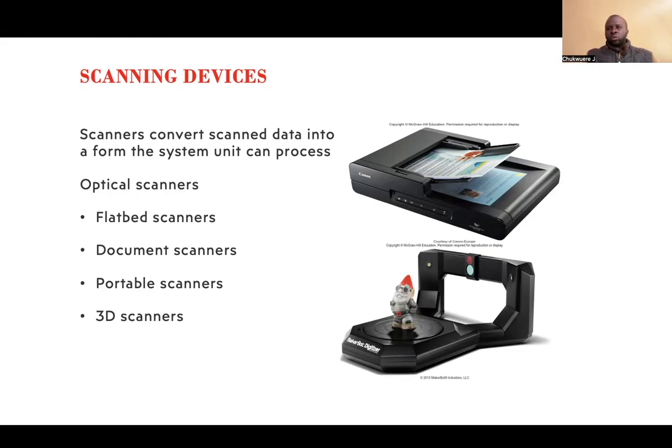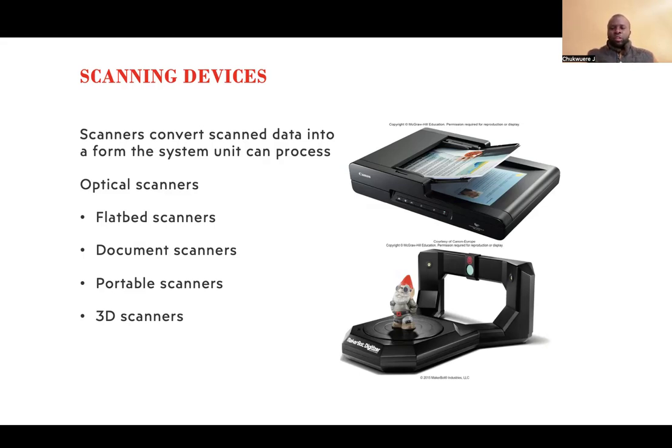Your portable one is one that you can carry. Today there are many portable scanners, and also digital scanners that you can download online and scan through your phone. They're all part of scanners.